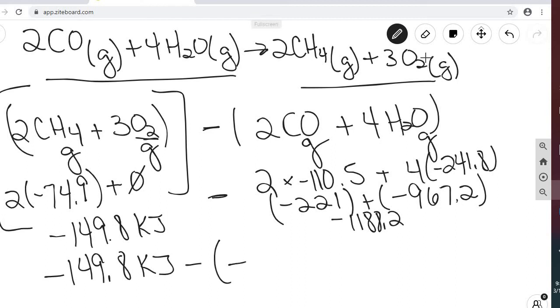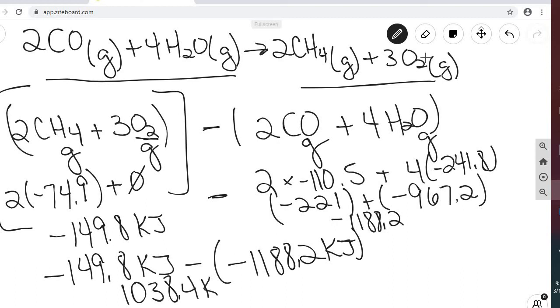minus a negative 1188.2 kilojoules. Subtracting a negative is adding, right? So 149.8 plus, so our answer is 1038.4 kilojoules.